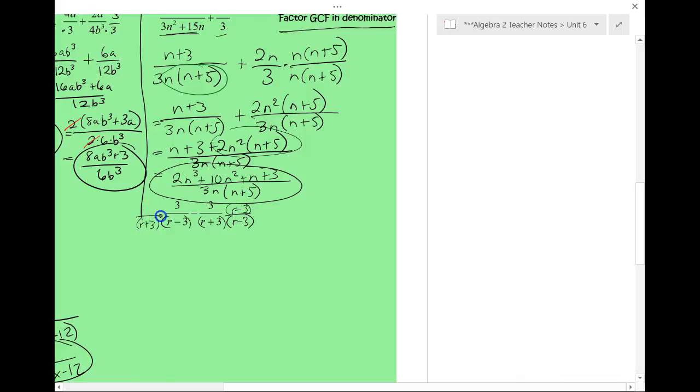So r plus 3 and r plus 3. And so after I multiply that out, I'll have 3r plus 9 over r plus 3 and r minus 3 minus 3r minus 9 over the same denominator, r plus 3 and r minus 3.